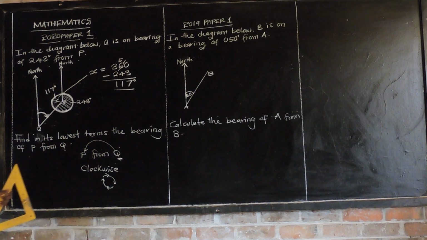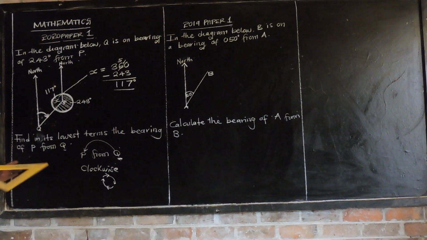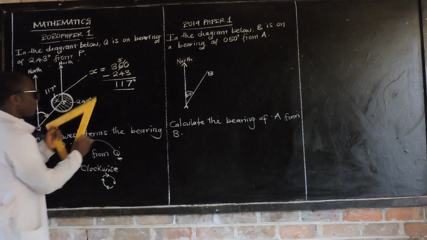Now that we know this angle is 117 degrees, it's going to be easy to find the other angle, using a property in mathematics.